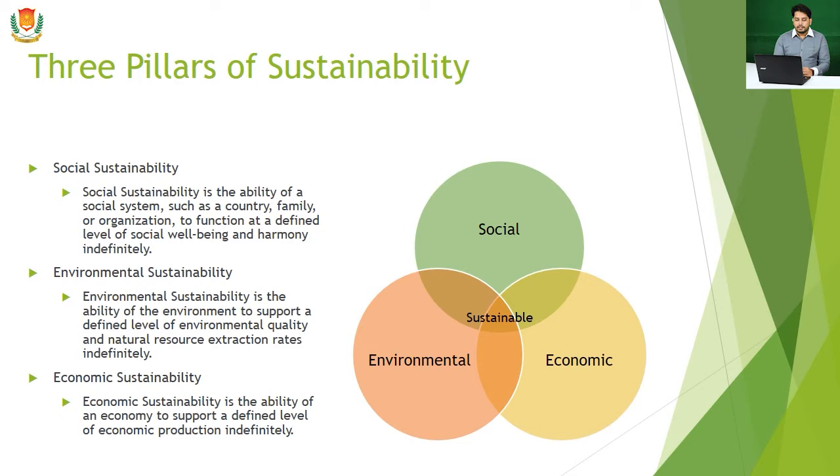Now, social sustainability. Social sustainability is the ability of a social system, such as a country, a family, or an organization, to function at a defined level of social well being and harmony indefinitely. So, in social sustainability, what do we want?